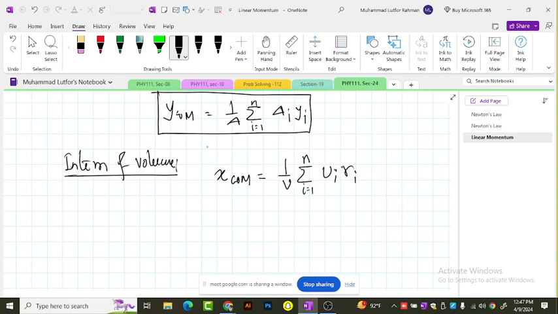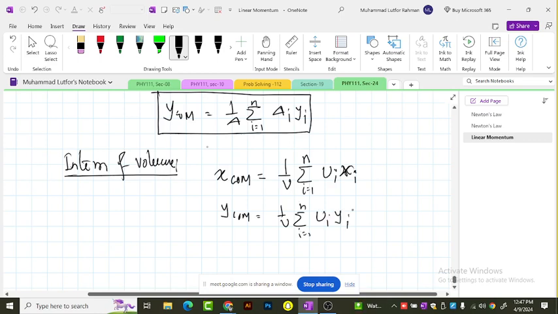So Ri means xi actually. You can write the ycom, because it has three dimensions, as 1 over V summation i from 1 to n, Vi yi, and the zcom in that case is 1 over V summation i from 1 to n, Vi zi.